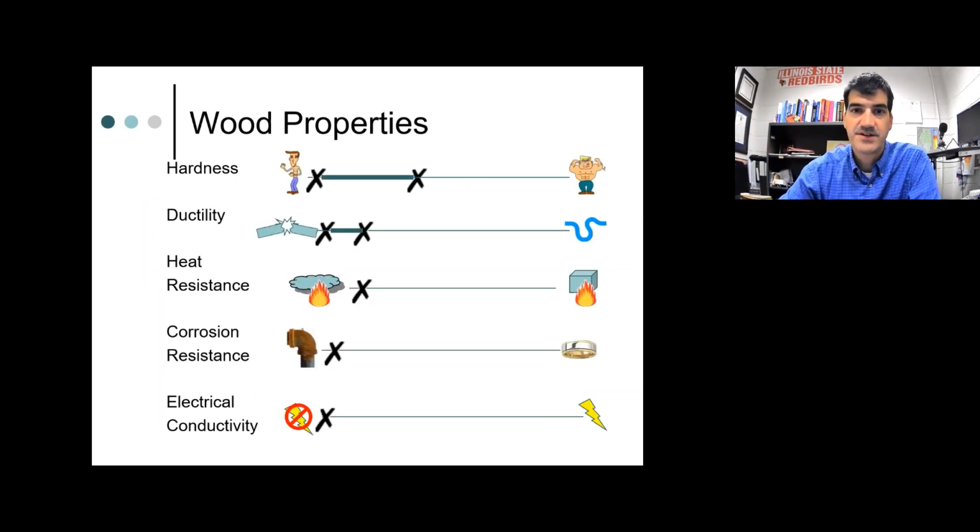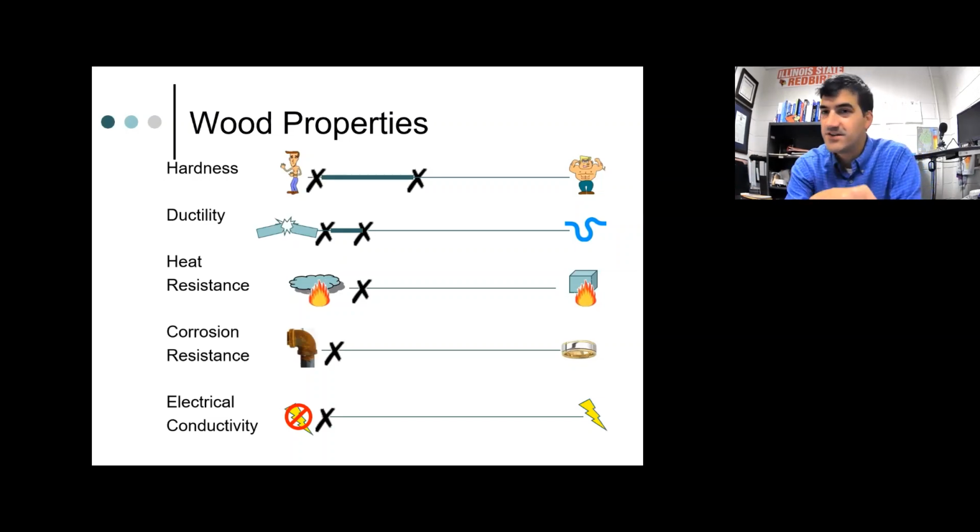And its properties tend not to be very hard, not very ductile. It's not very heat resistant because it can burn at a fairly low temperature. Corrosion resistance, I took some liberties here to define corrosion resistance as its ability to stand out in the elements, in the weather, over time.